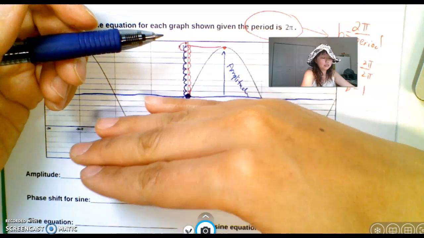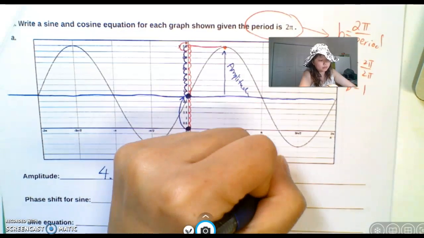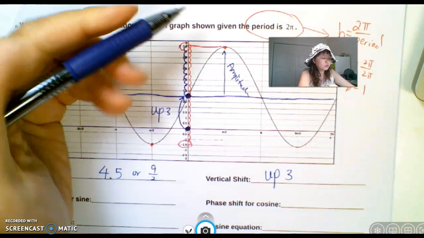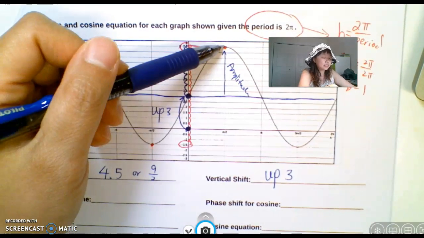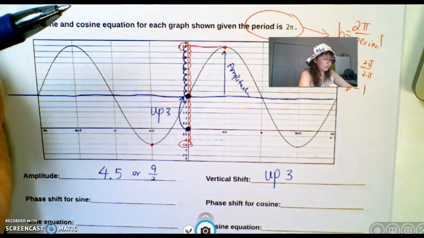Where is the middle line? The middle line is at 3 right now, right? So that means it went up 3. Amplitude is from the middle to the max. Vertical shift is from the x-axis to the middle line.